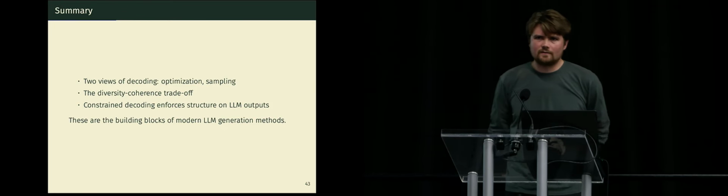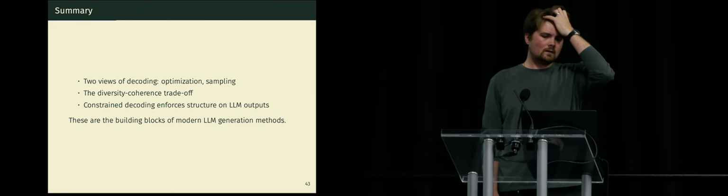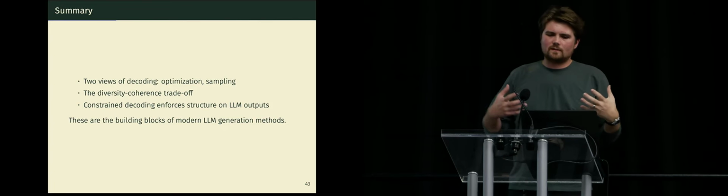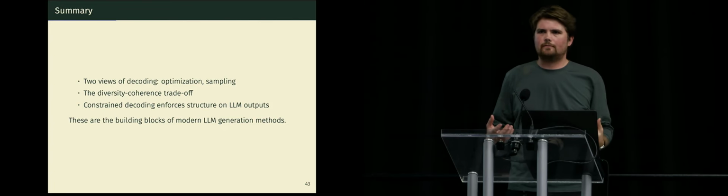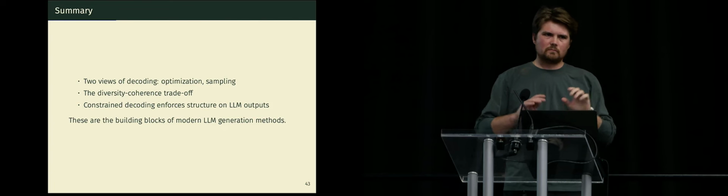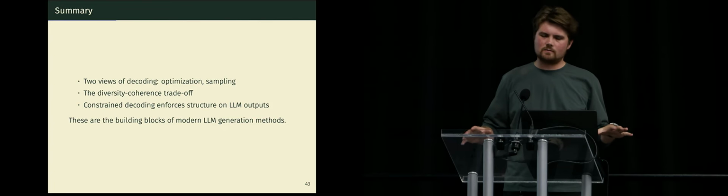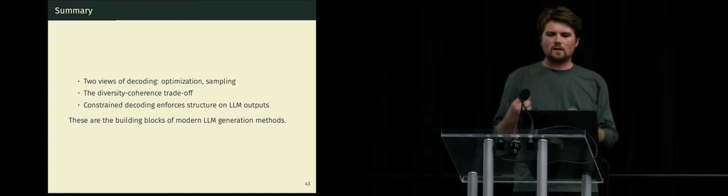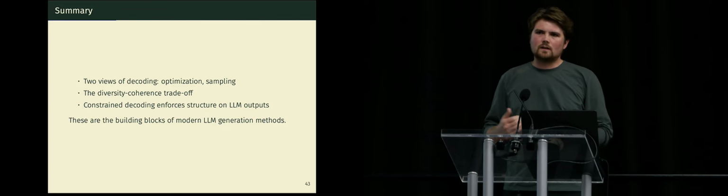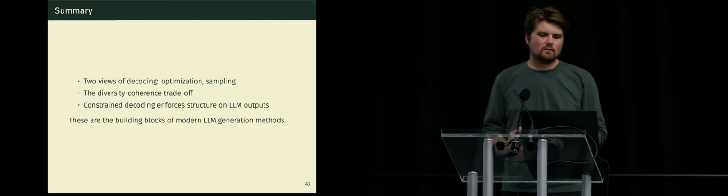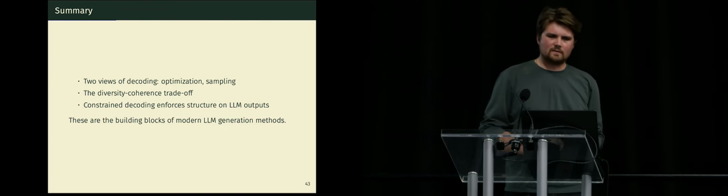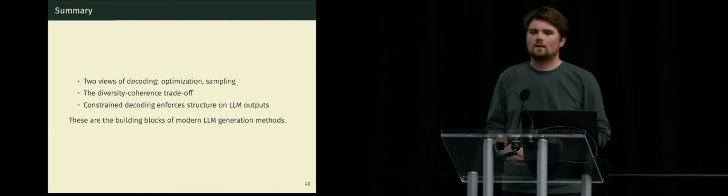All right, so to summarize what we've talked about here, we've looked at the building blocks for generation. These are the low-level generation algorithms that you're going to use in your meta-generation algorithms. There's two ways to look at generation. One is optimization, the other is sampling. Both have their uses.